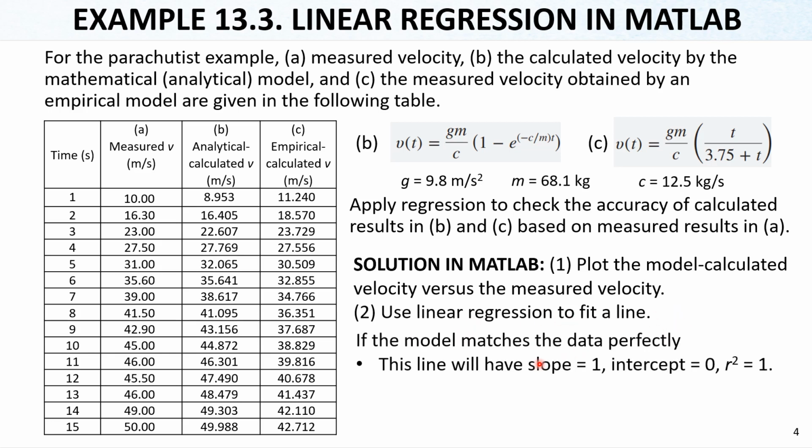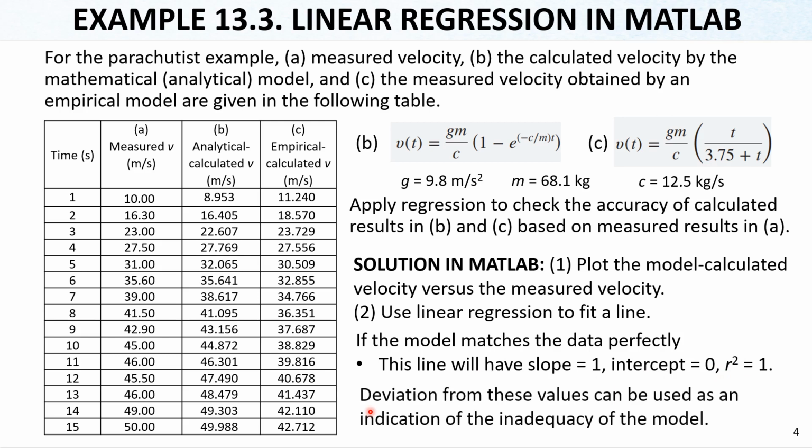If the model matches the data perfectly, then we will have, as we said, a 45-degree line. This line will have a slope of 1, an intercept of 0, and r square should be 1 as well. So we will check the plots as well to understand if it is a good fit or not. Deviation from these values can be used as an indication of inadequacy of the model.